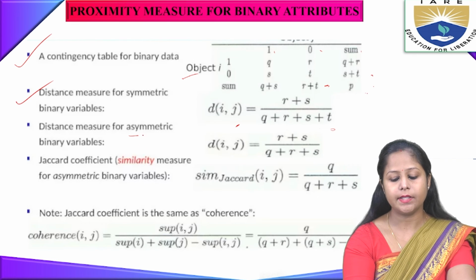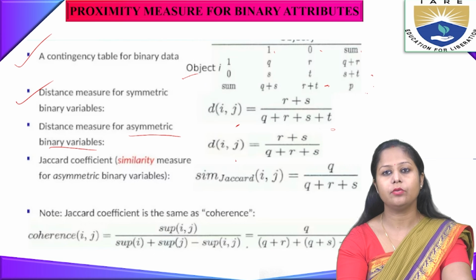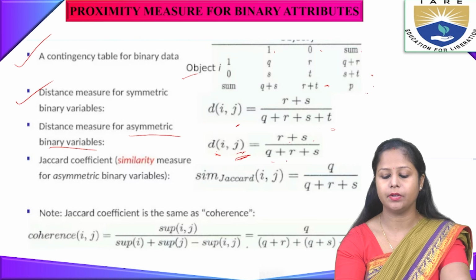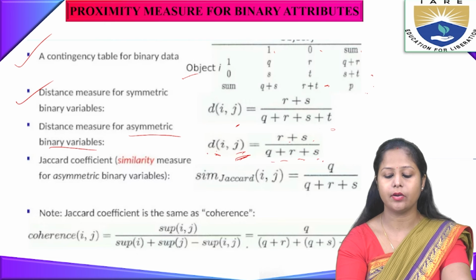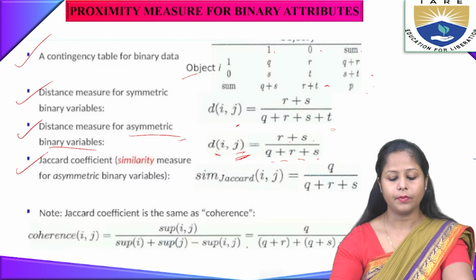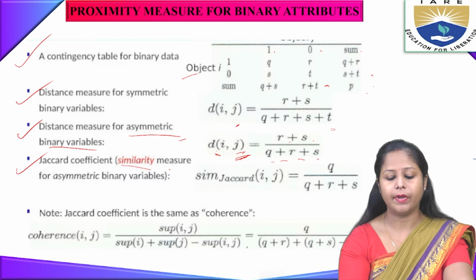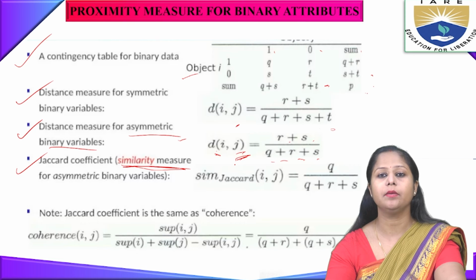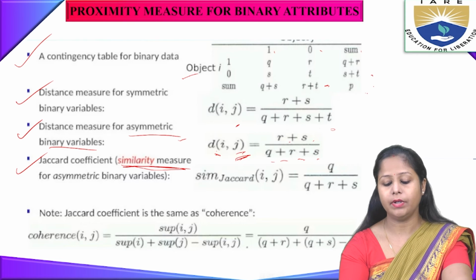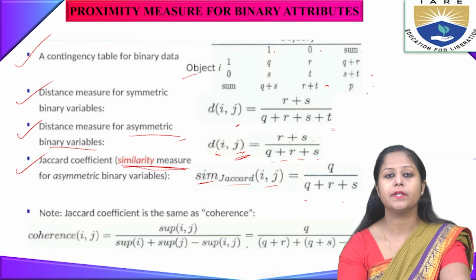If we have an asymmetric binary variable, we need to calculate the dissimilarity of the objects i and j as (r plus s) upon (q plus r plus s). So we get the dissimilarity of i, j for asymmetric binary variables. There is also the Jaccard coefficient, which is the similarity measure for asymmetric binary variables. We calculate the similarity Jaccard of i, j equal to q upon (q plus r plus s).